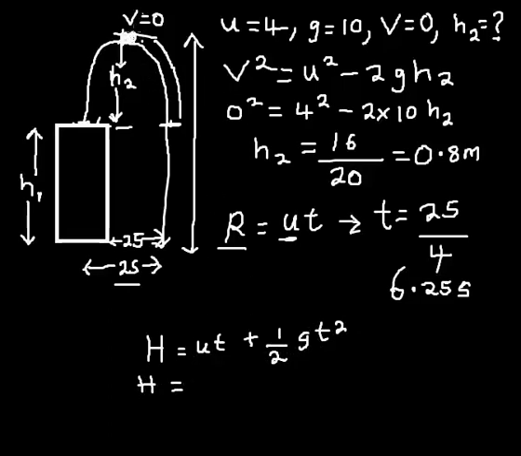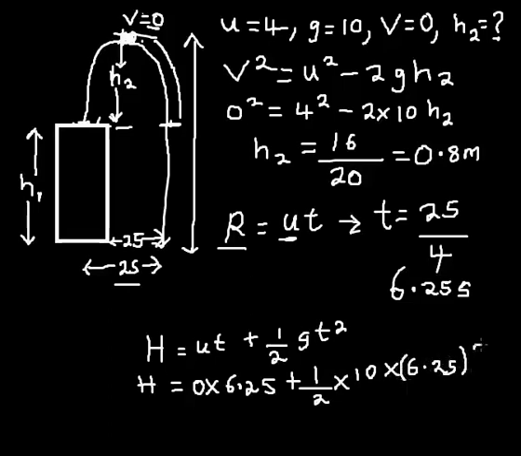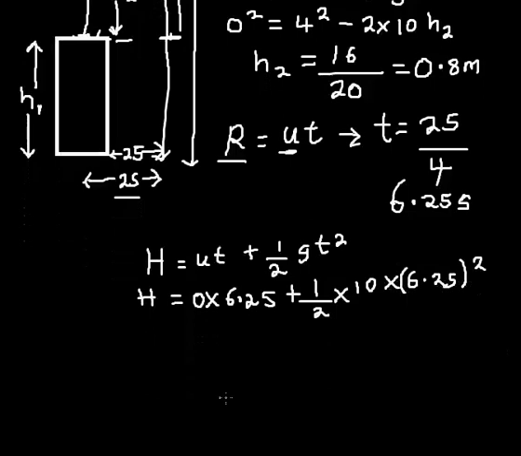Now remember, if I go from here, the initial velocity is going to be 0. That's 0 times 6.25, then plus half times g, which is 10, times 6.25 all squared. So let's do that now.